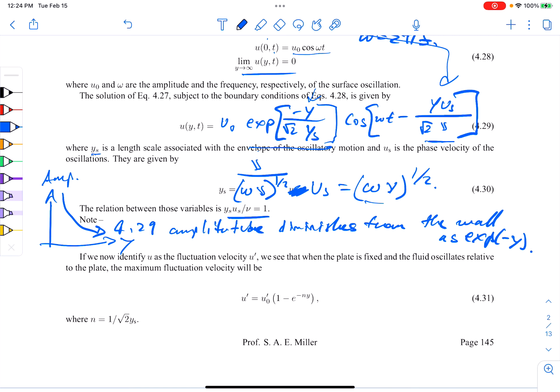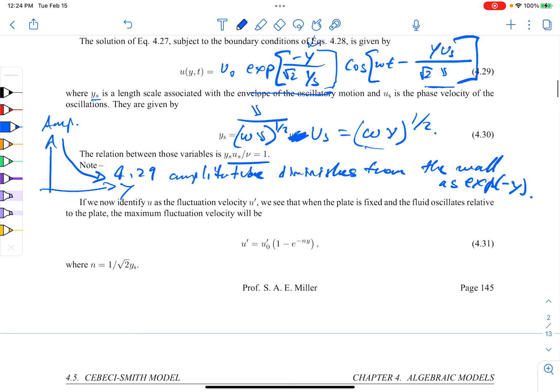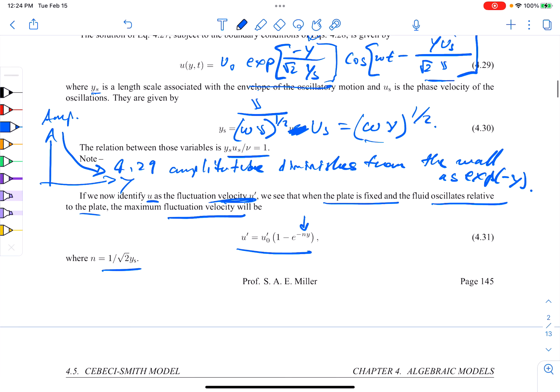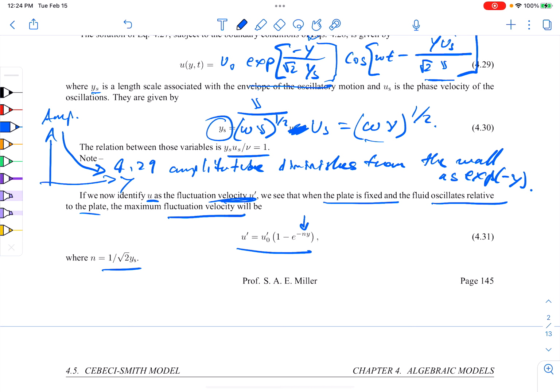That's nice. Now we're going to make an argument that we take that velocity u as a velocity fluctuation, and that the plate is fixed and the fluid is oscillating relative to the plate, meaning it's just a relative motion problem. Then the maximum velocity fluctuation in the problem will be according to 4.31. And here we introduced a new coefficient n, which goes as 1 over the square root of 2 ys, and ys is defined right here in 4.30.